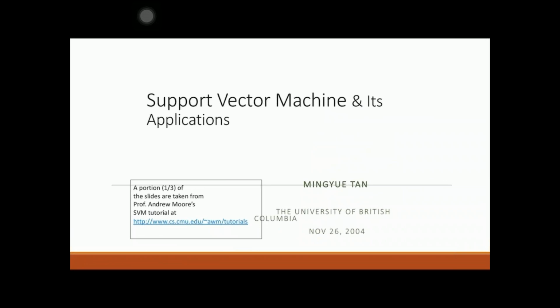Okay, so we start with a new topic called support vector machine. It's a little difficult to understand this topic, and it has a lot of mathematics. But I'll not go too deep into the mathematics, since frankly it's not required to go into so much depth. You just need to understand how support vector machine works.